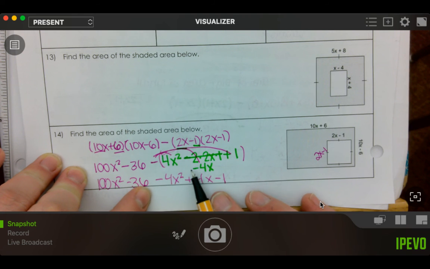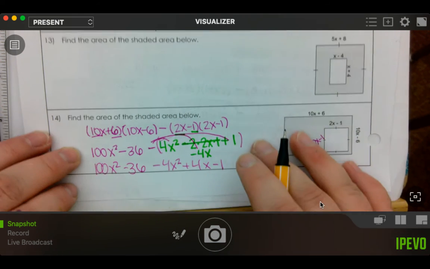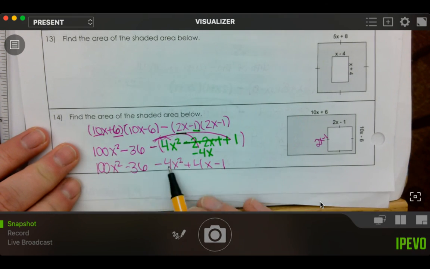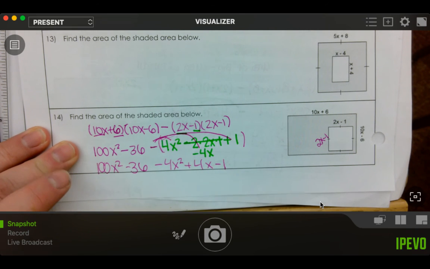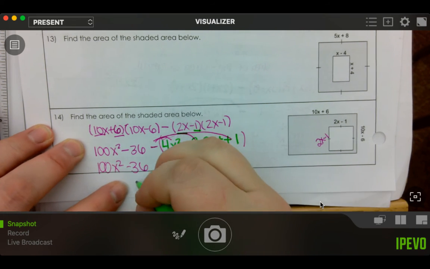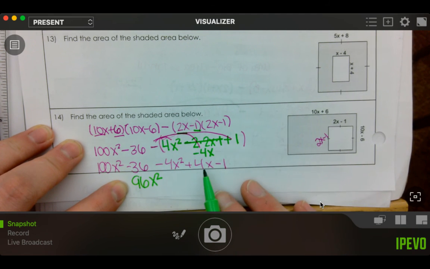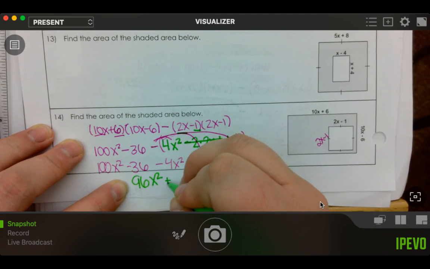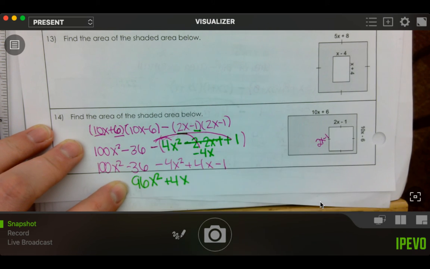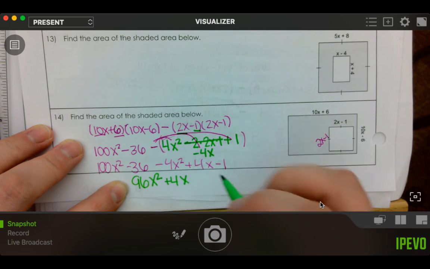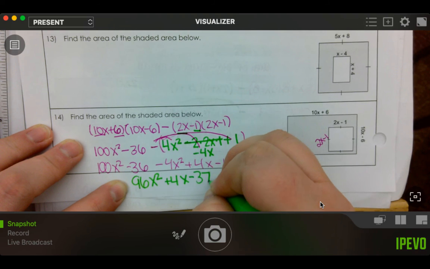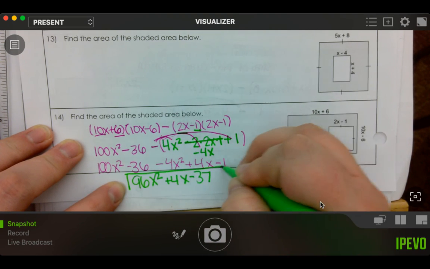So these three things just change signs. And then I'm allowed to add together my x squareds. 100 minus 4 is 96, x squared. 4x, because there's no other x's. And then negative 36 minus 1 is negative 37. So I'm just combining like terms at that point.